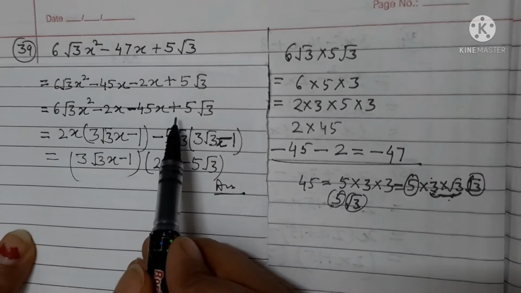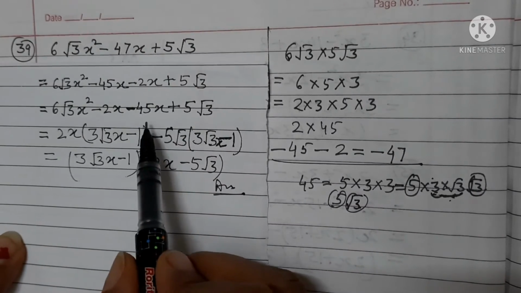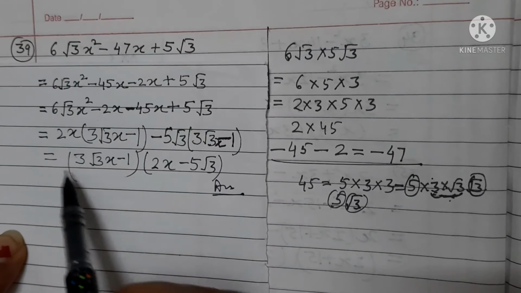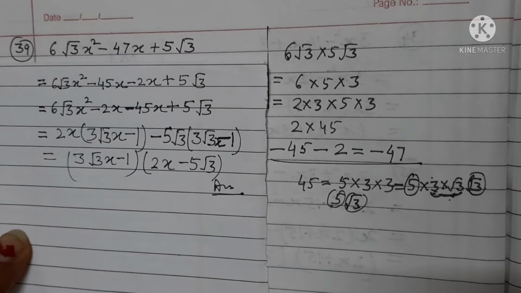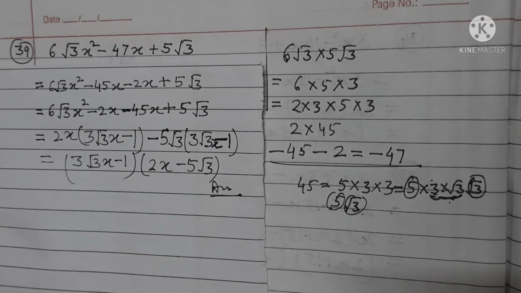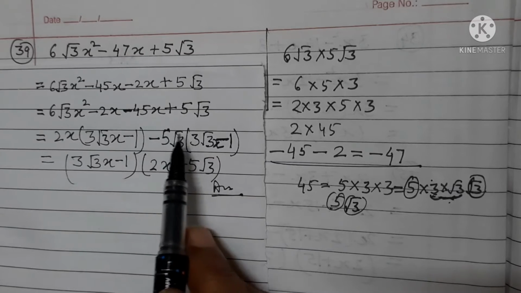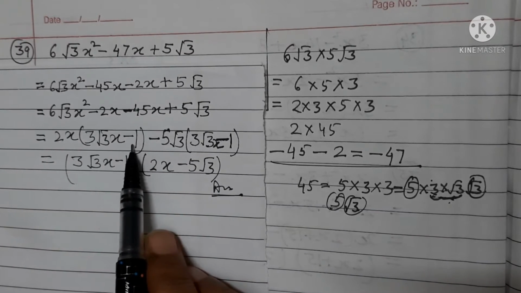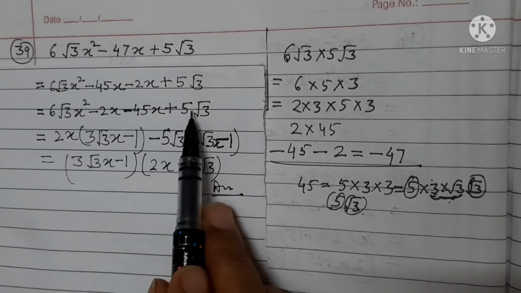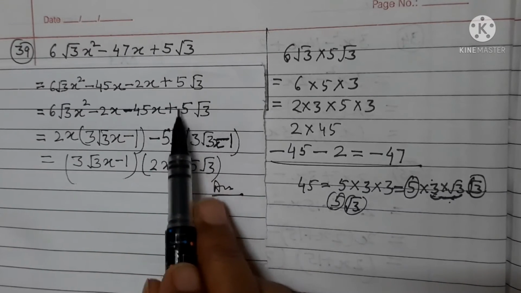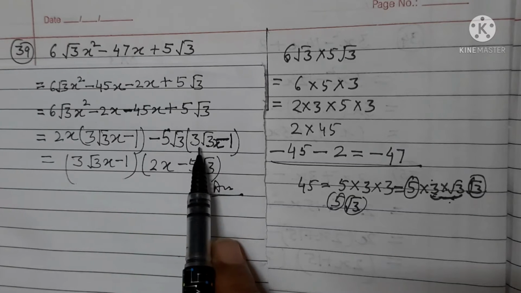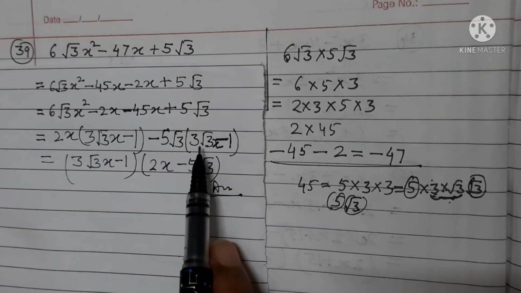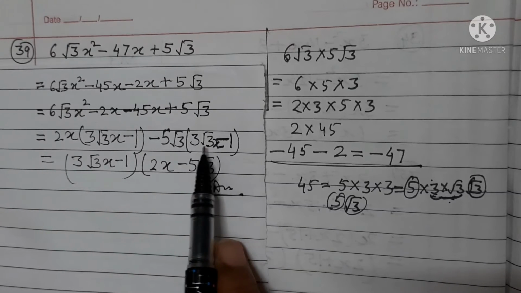So students, when you are taking common, it should be correct. Now students, take an idea from looking at the previous term. Here 1, it means in the other term you can take 5 root 3 as a whole common, and what remains in the bracket, see this term 3 root 3, it means here should be 3 root 3 x.